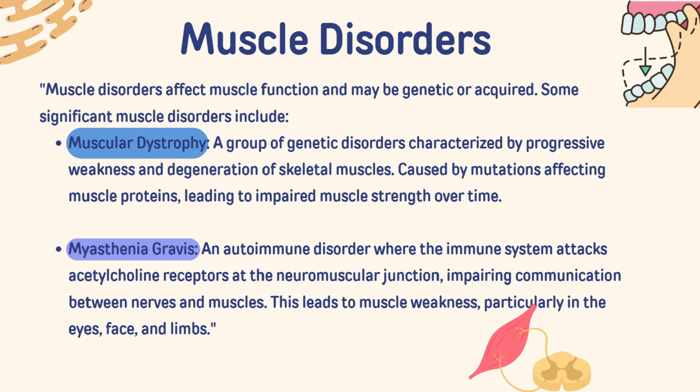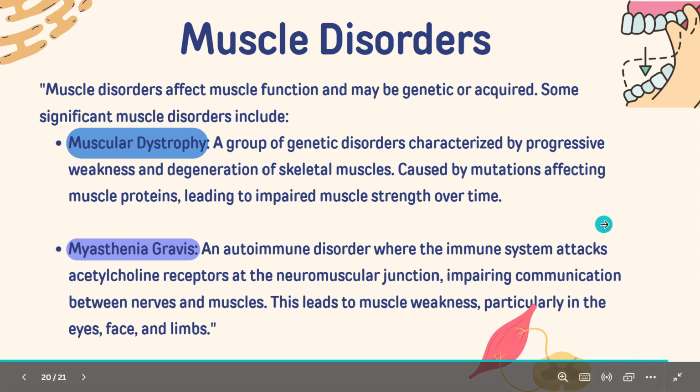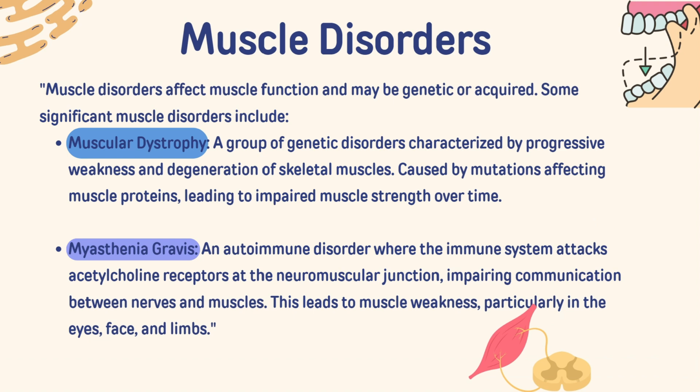In an interesting case study I've seen, commonly when people are affected by myasthenia gravis, half of their face is paralyzed. It's not always the case, but when it is, it is. Other than that, it leads to muscle weakness, particularly in the eyes, face, or the limbs.